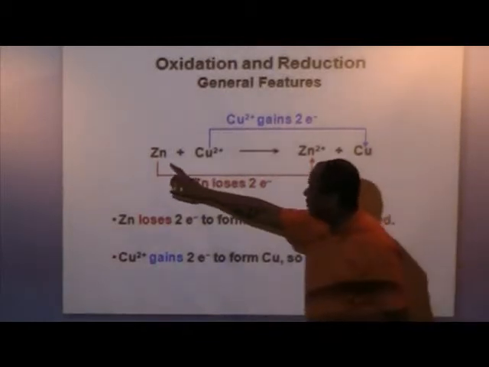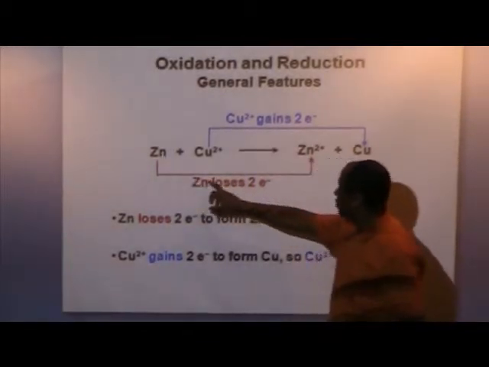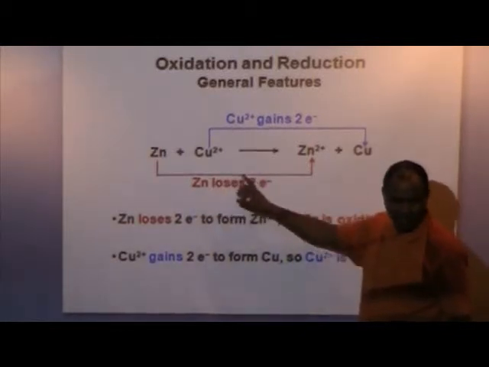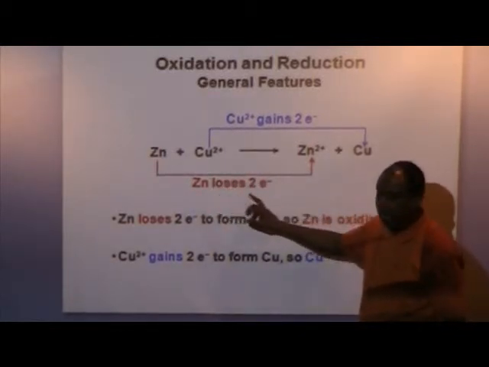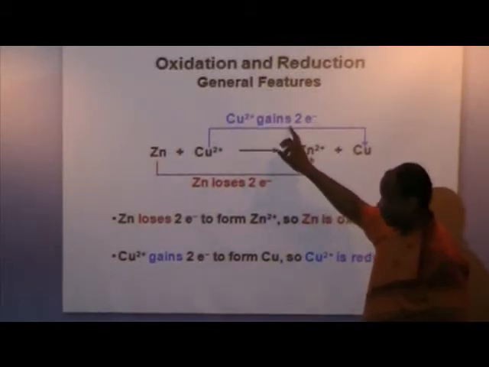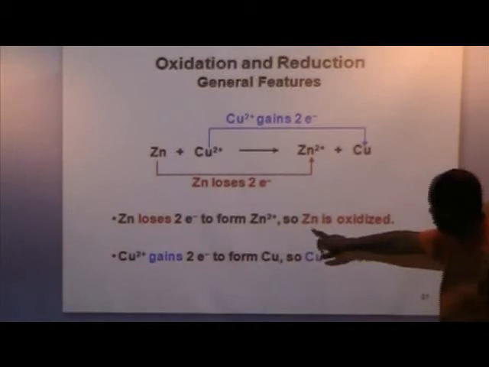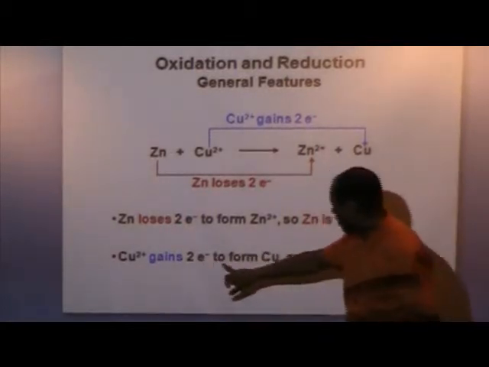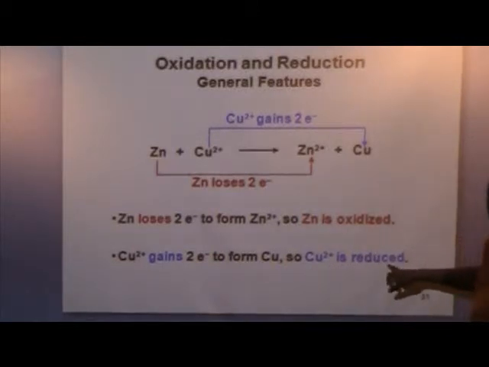Zinc loses 2 electrons and becomes zinc 2+, so zinc is oxidized. Copper is reduced because copper gains electrons.